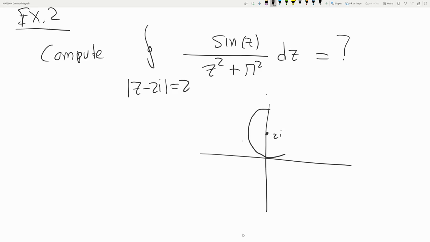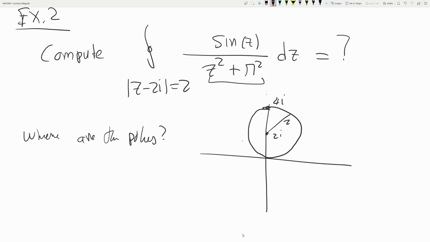It hits 0, and it goes up like this, up to 4i. Okay, what are the poles? So this is of the form z minus i pi times z plus i pi. Okay, so the plus minus i pi are the poles.